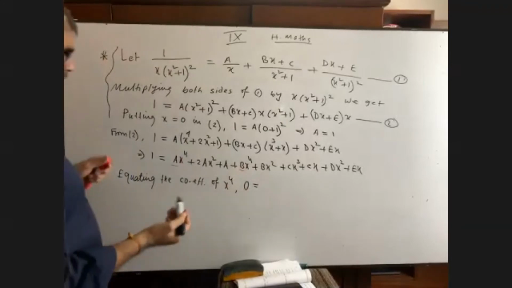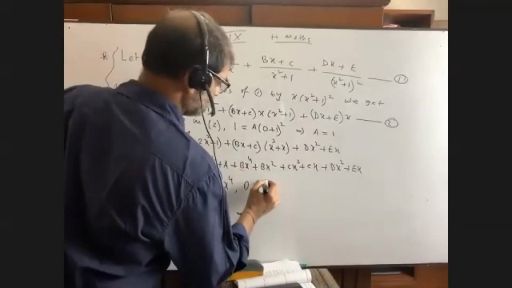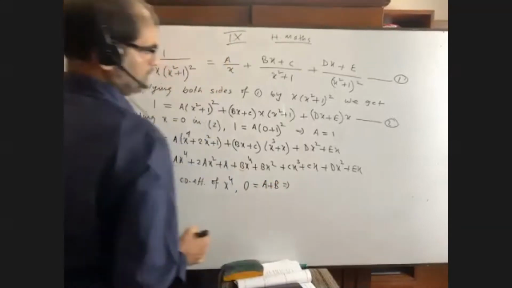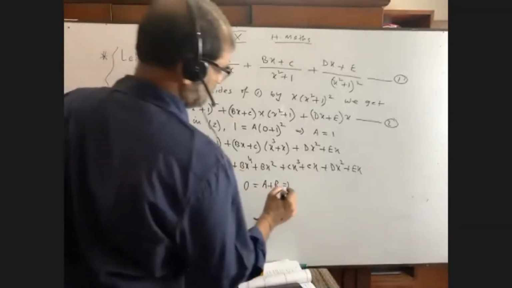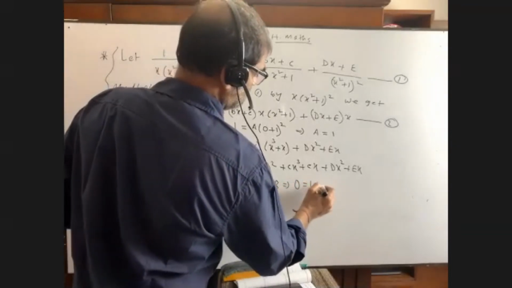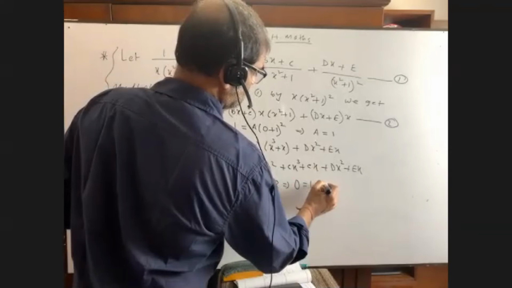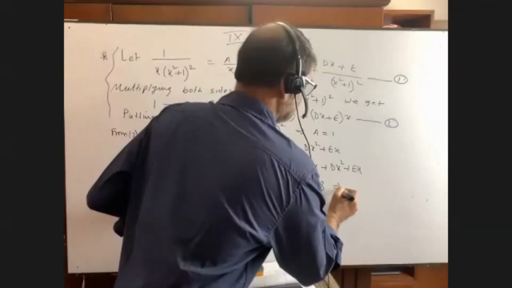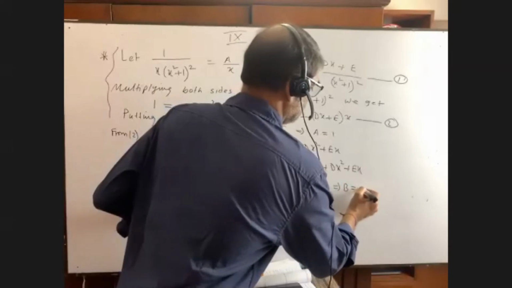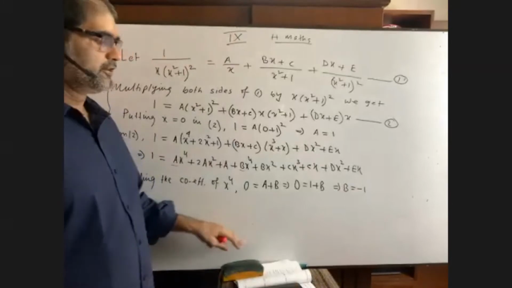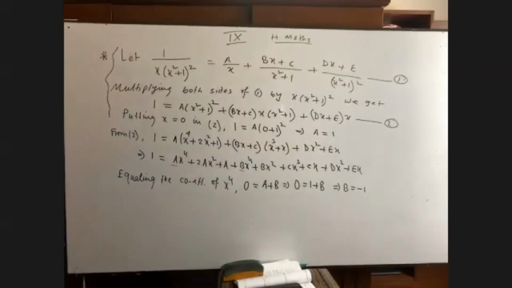So we are getting a plus b, a equals 1, that is 0 equals 1 plus b. So from this equation, we can get b is equal to minus 1. Please try to understand. b equals minus 1.